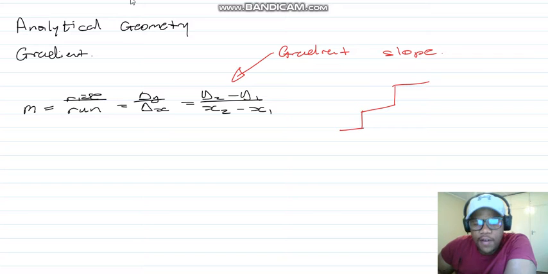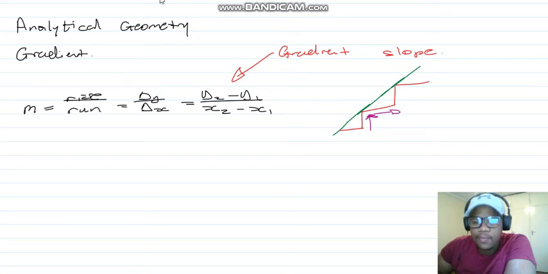This idea of rise over run is how much you have to lift your foot as a ratio of how much you have to travel across with your foot. So that's the idea of rise over run. And if that ratio is the same, then you can talk about a certain steepness, right?